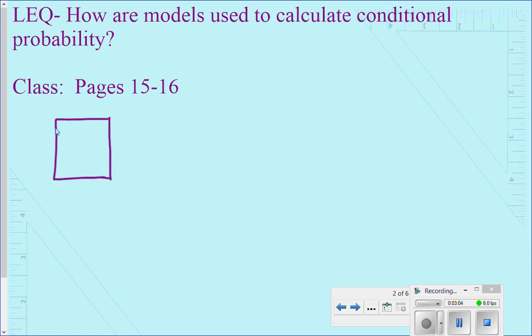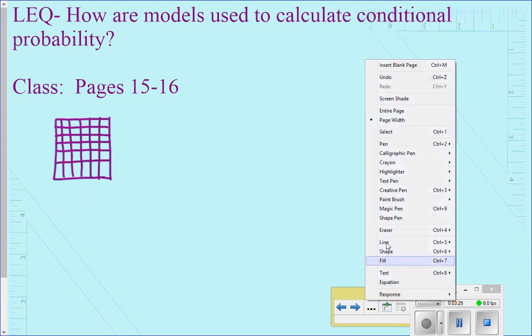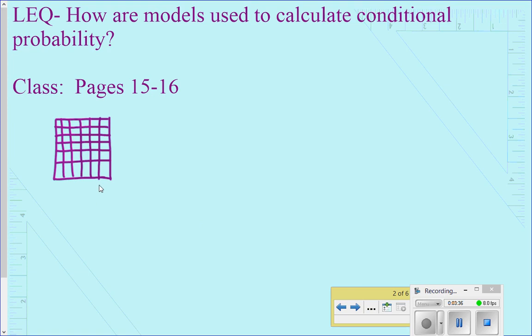And I'm going to separate 1 2 3 4 5 6 and 1 2 3 4 5. I'll just erase a little bit of that to make it more even.